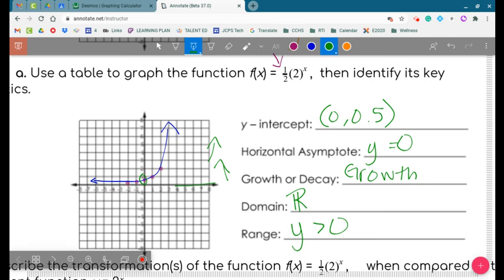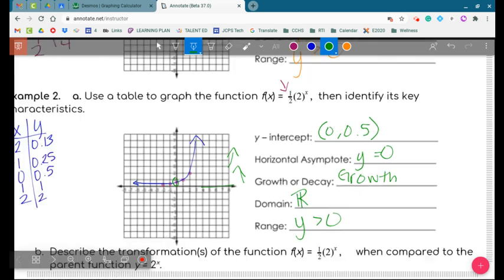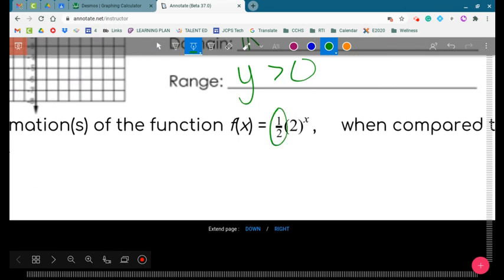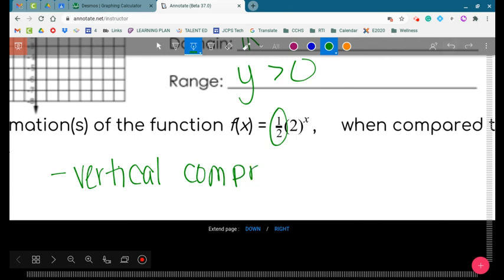So again, if it's a fraction, it's a compression. It says describe the transformations that occurred. Because this 1/2 was added in front of our parent function, it was a vertical compression by 1/2.